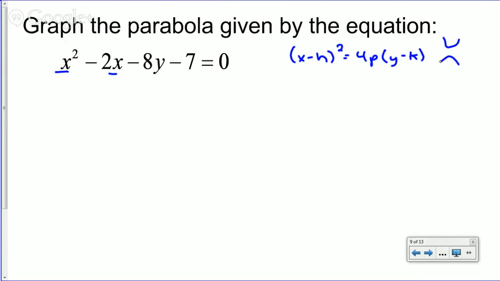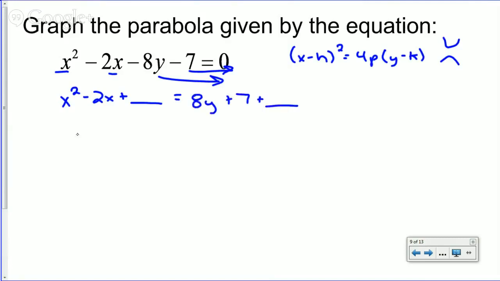Okay. All right, so I'll get the x's on one side. I'll add the blank. And so you've got to move that to the other side and then -7 to the other side. So you get 8y plus 7 plus blank. Okay, so we'll take b divided by 2 squared.